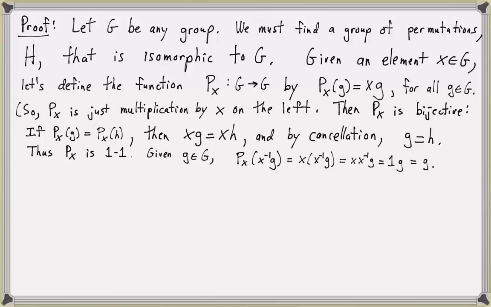So we've shown that p sub x is onto. So p sub x is a bijection from G to G, and therefore it is a permutation of the elements of group G.